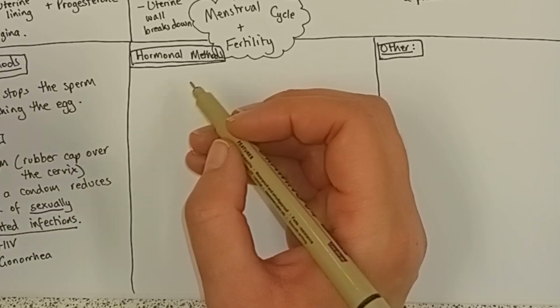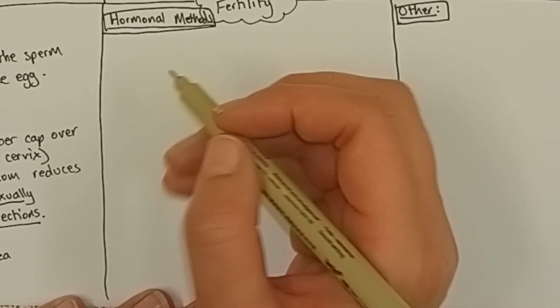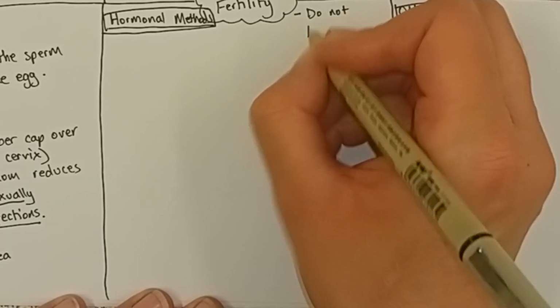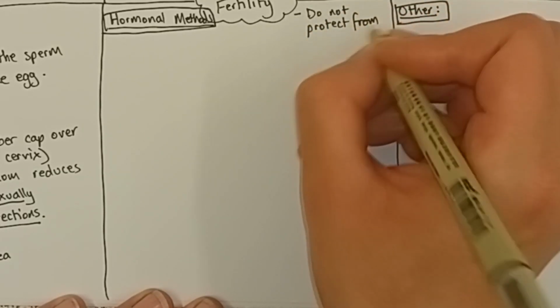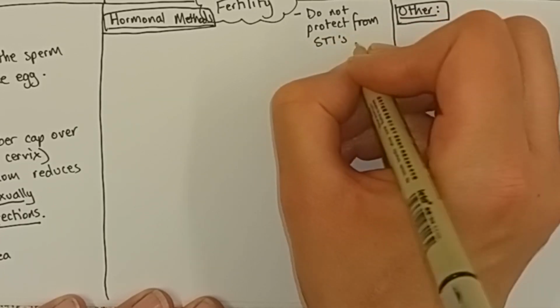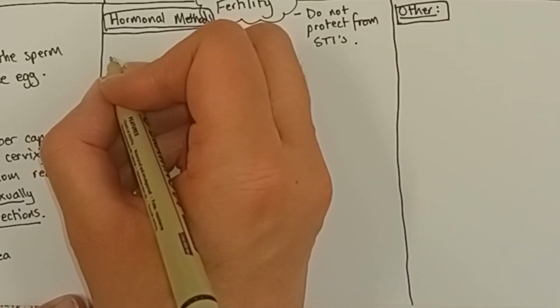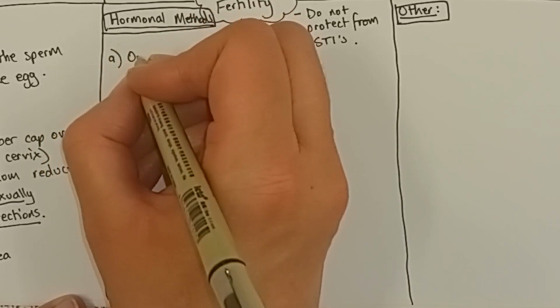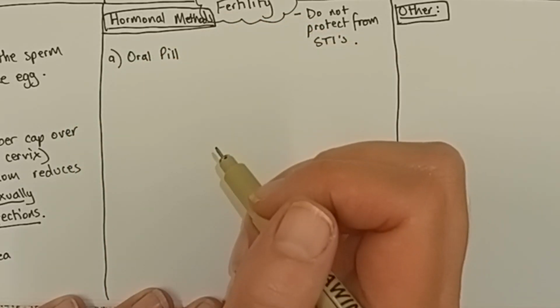However, we can reduce fertility by using hormones. Hormonal methods do not protect you from STIs. Do not protect from STIs. Probably one of the most common hormonal methods you've heard about are the oral pill or the contraceptive pill. And this is a tablet taken every day.